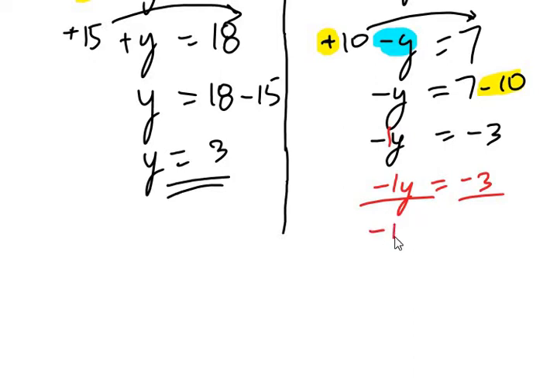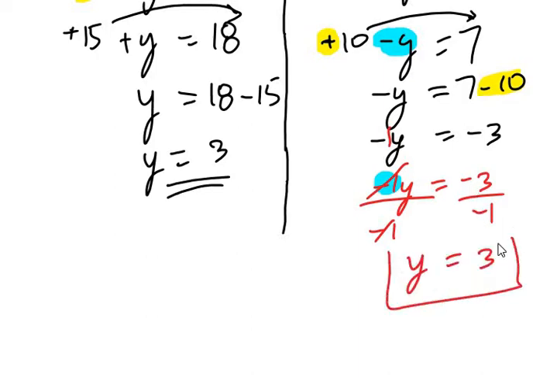So I divide negative 1y by negative 1, because that's the coefficient of negative y. So I divide both sides by negative 1. And so I end up with what? A positive y, okay? And negative into negative is positive, and 3 divided by 1 is 3. And so I end up with y equals 3. Got that? Yes, sir.